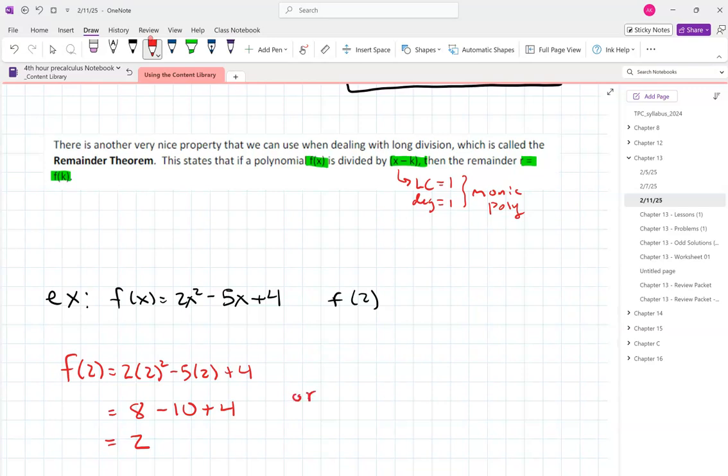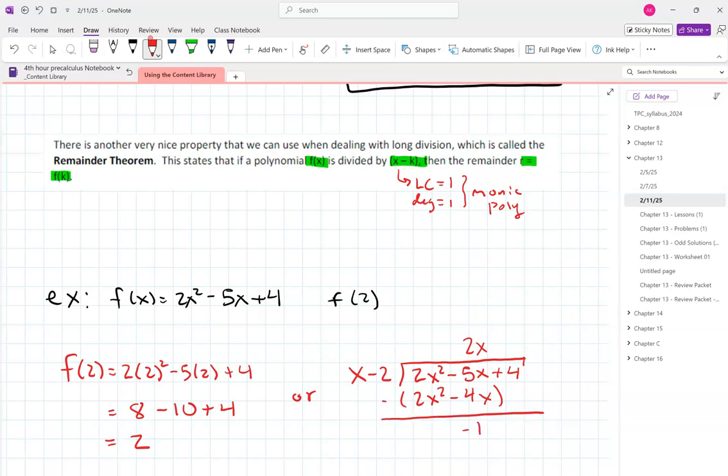Or we could think about it as a division problem. I want to find what times x gives me 2x squared. Well, that's 2x. Multiply that by the divisor.